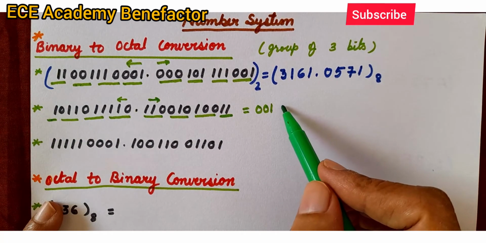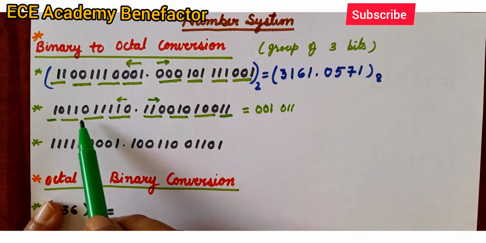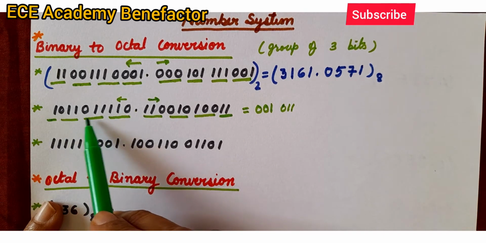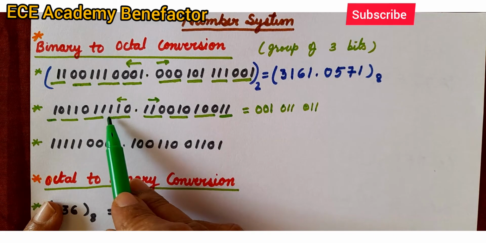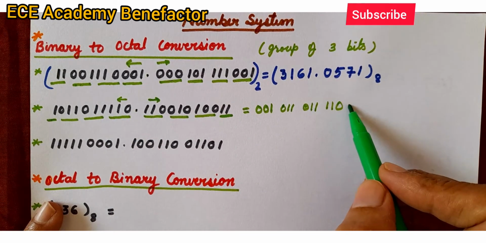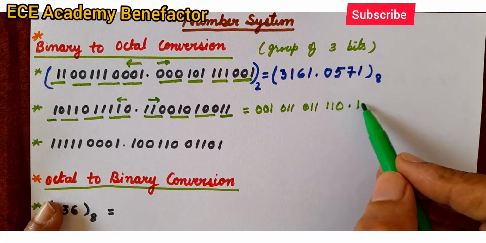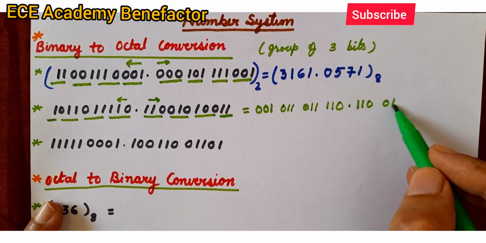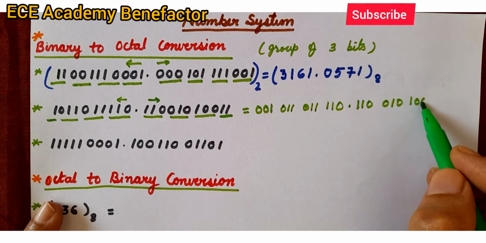Okay. Then 011, next group is 011, next group is 011, next one is 110, dot, 110, 010, then next 100.